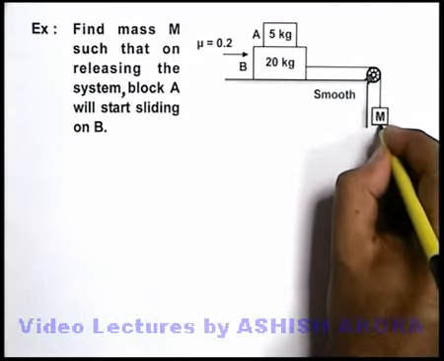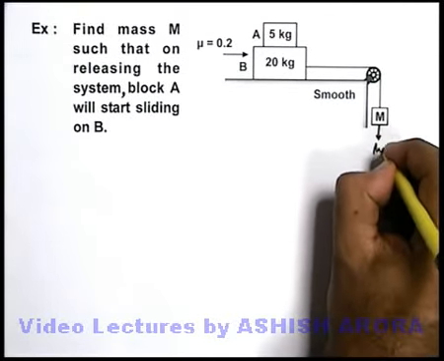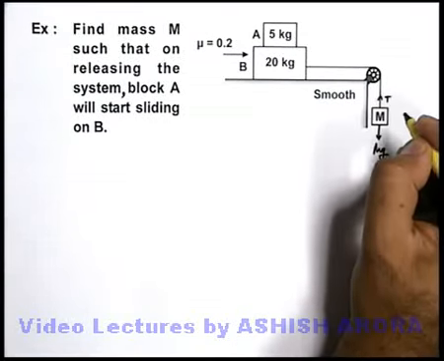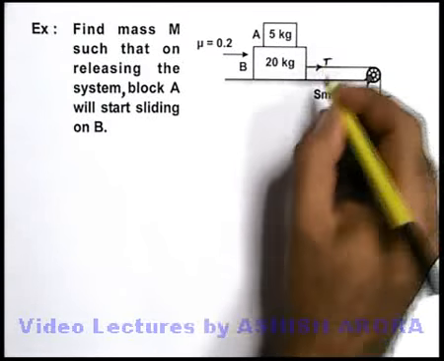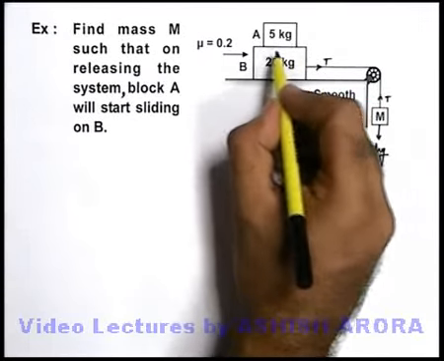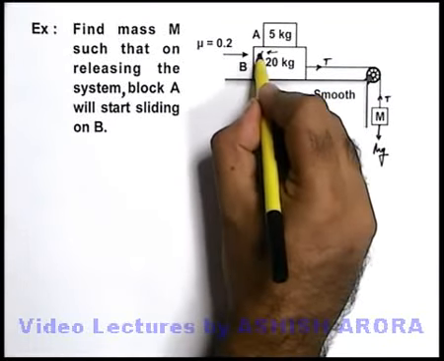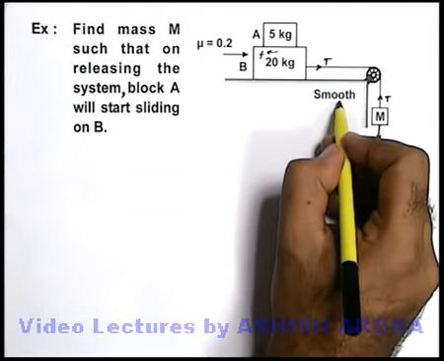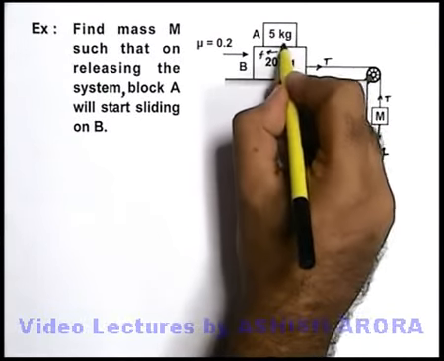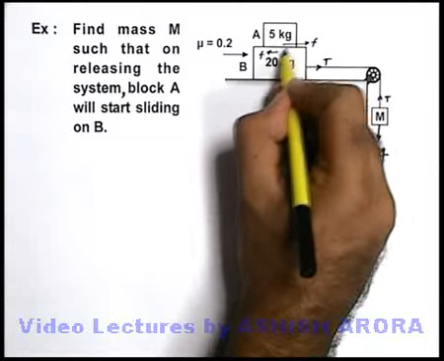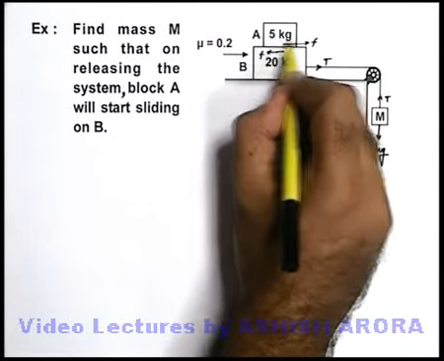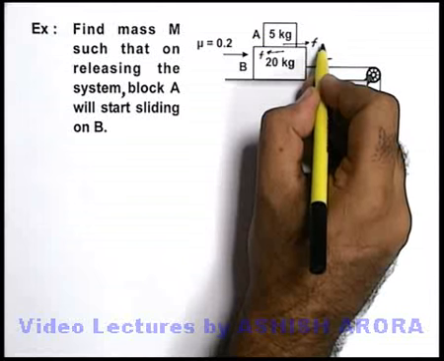When we release the system, mg will act on it in the downward direction, because of which a tension will be there. The similar tension will pull the 20 kg block. So this 20 kg block will experience friction in the backward direction and no friction will act on the bottom as it is smooth. Opposite friction f, same value, will act on block A, due to which it will start sliding in the forward direction.